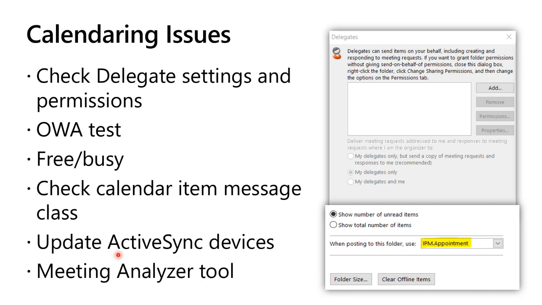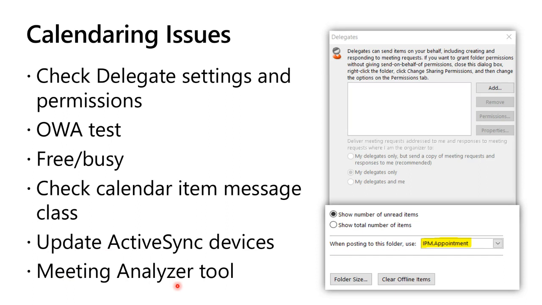Some of the calendar issues can be due to conflicts from ActiveSync devices. So we could try disabling Exchange ActiveSync for isolation, or at least stop syncing the calendar folder to the mobile device to check the behavior after doing that.